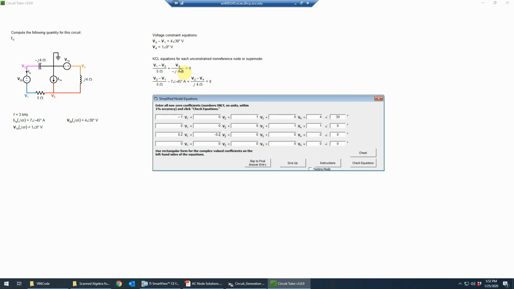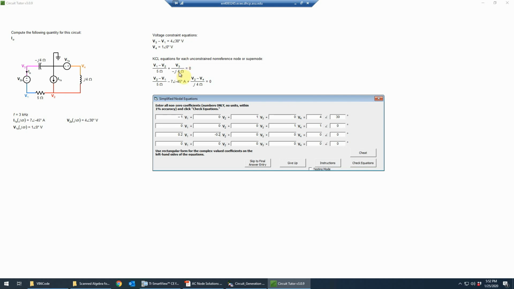And V3 has a coefficient of 1 over negative j4. And remember that when we're taking the reciprocal, we must take the reciprocal of everything in the denominator, not just of one of those items, which sometimes people make a mistake and somehow put the 4 up on top, which would not be correct because the 4 is in the denominator, not the numerator.